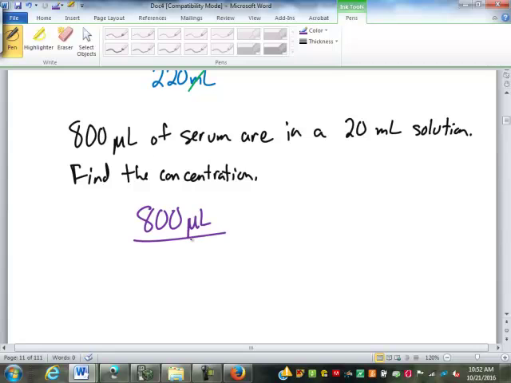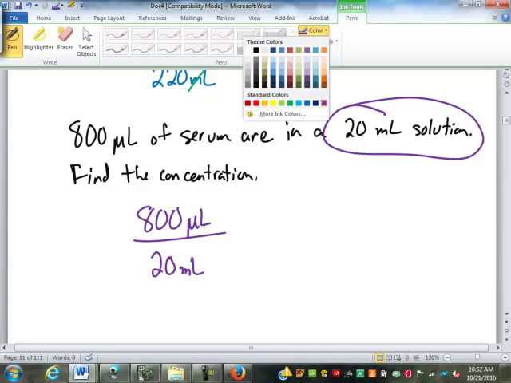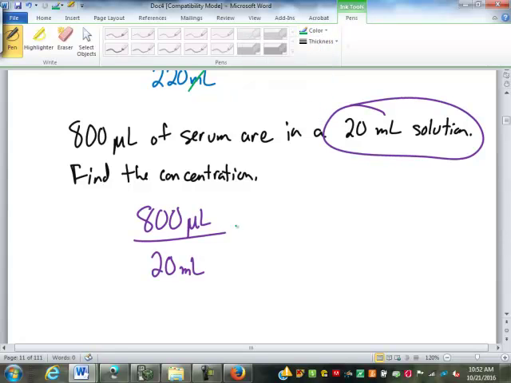On bottom, is the 20 milliliters the whole amount, or do I have to add that to my serum? It's in a 20 milliliter solution. That is implying the whole solution is 20 milliliters. So the wording can be very subtle on these.